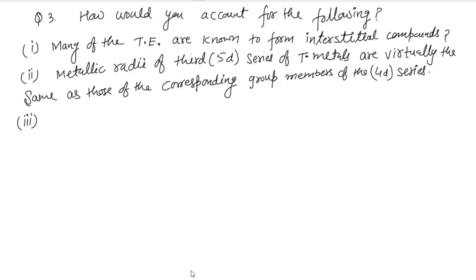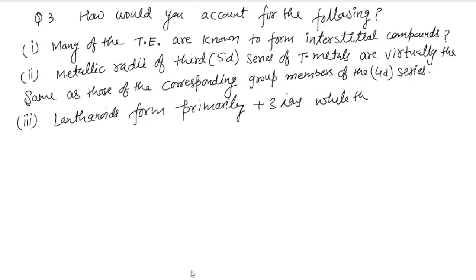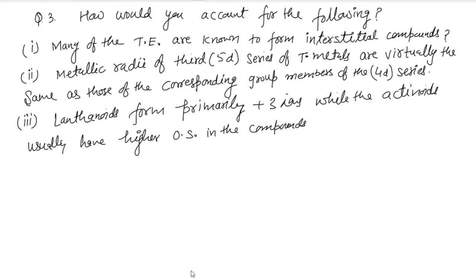And third is, lanthanoids form primarily +3 ions, that you know all, while the actinoids usually have higher oxidation states in the compounds, like +4 or even +6 being typical. So these are the three parts of question number 3.